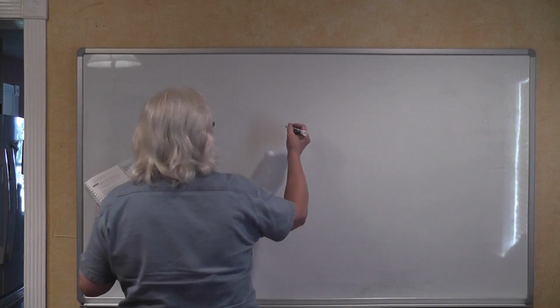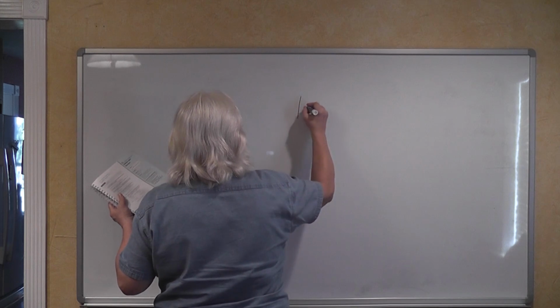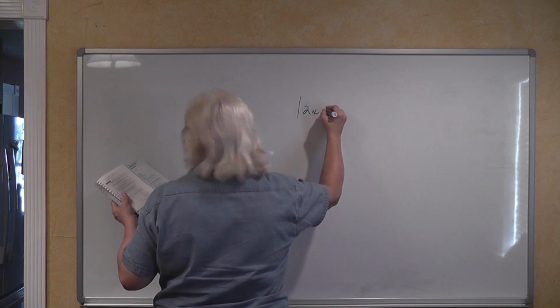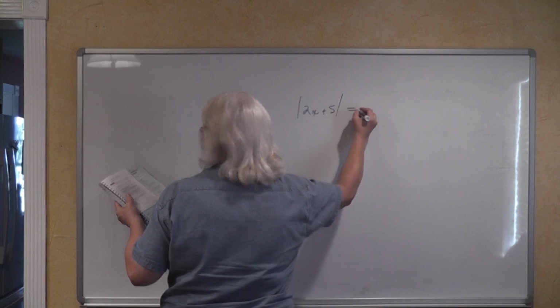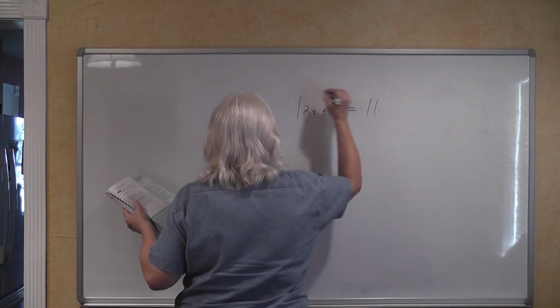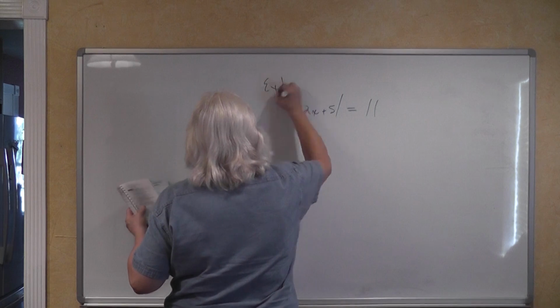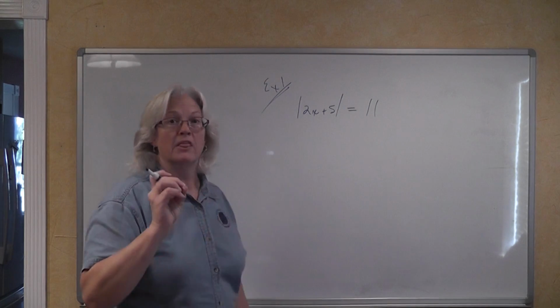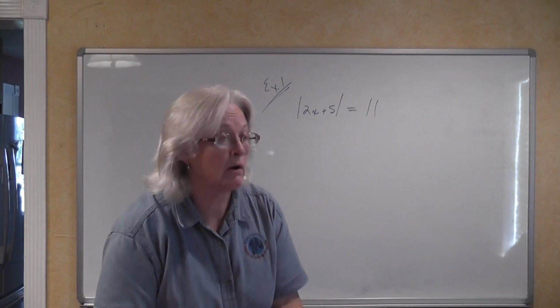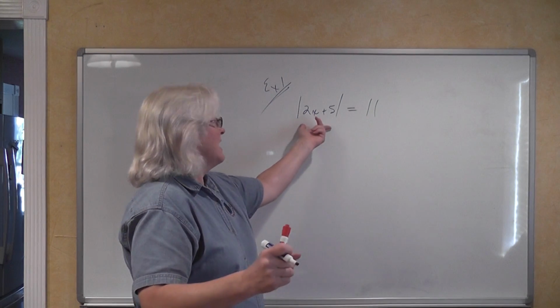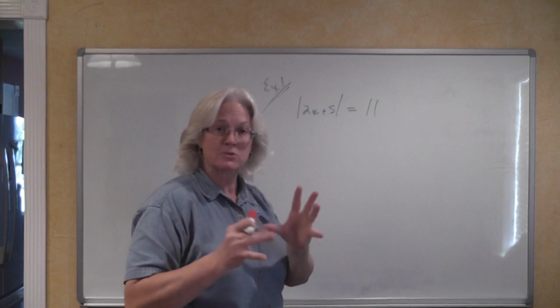This is example 1. It says the absolute value of 2x plus 5 is equal to 11. Now, this is a point where you could get confused. What are they talking about when they say x is the absolute value of x?